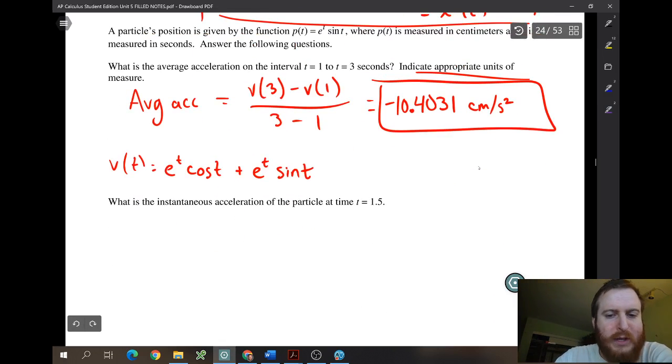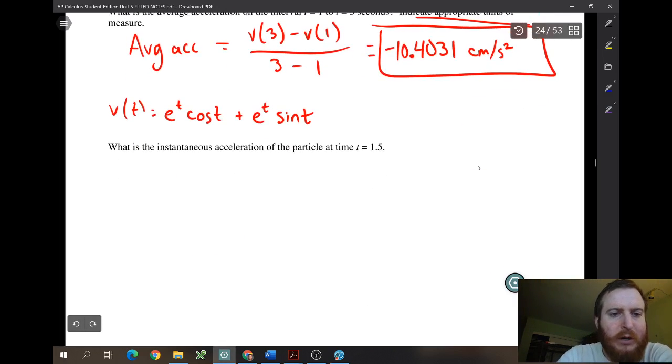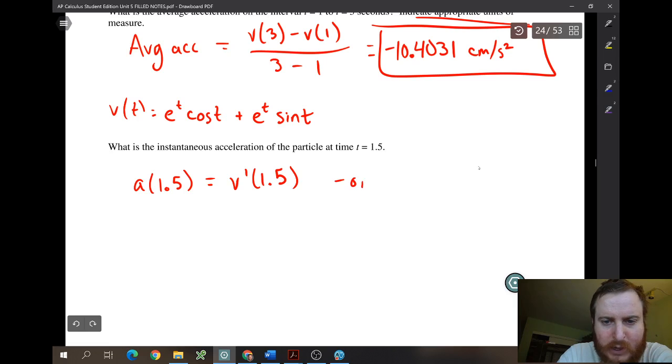So what is the instantaneous acceleration? We can write this as the acceleration at 1.5 will either be equal to v prime of 1.5, or the acceleration at 1.5 will be equal to x double prime of 1.5.